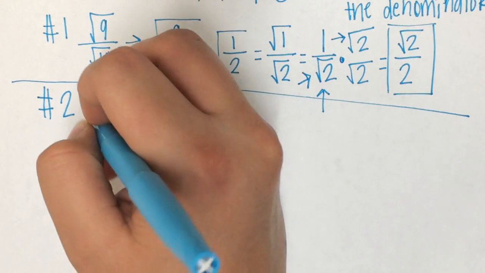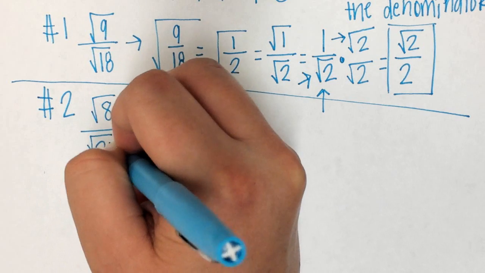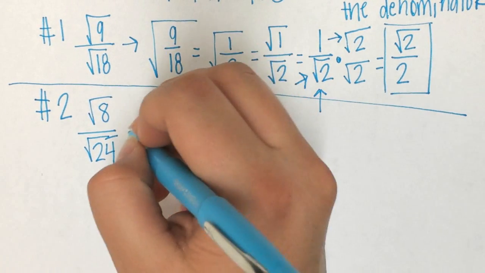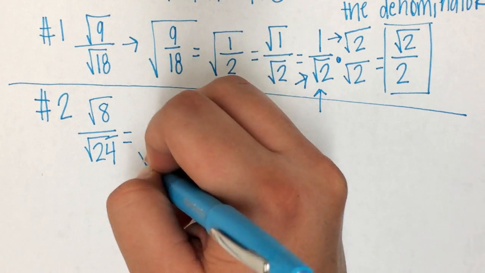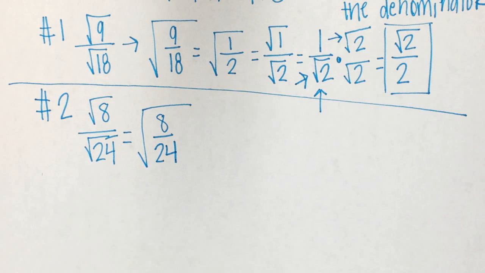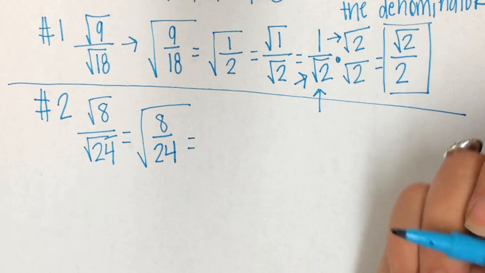Example number 2. We have the square root of 8 divided by the square root of 24. I would, if I were you, I would go ahead and simplify this. It becomes under 1 square root 8 divided by 24 is what?